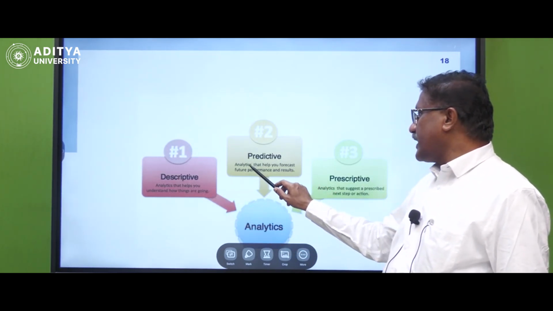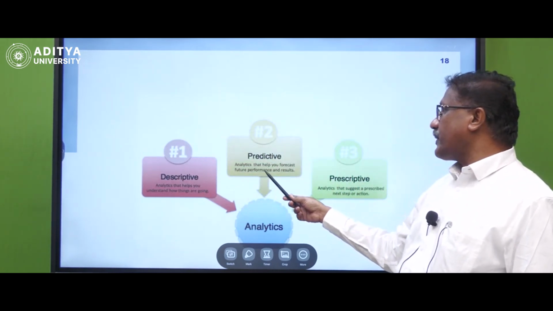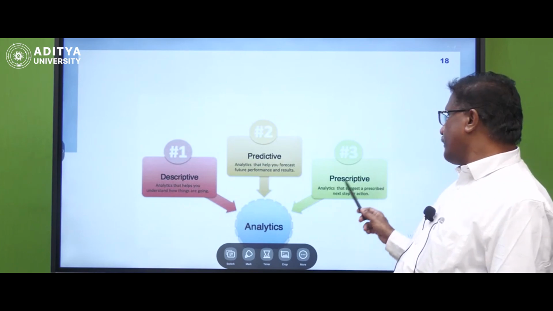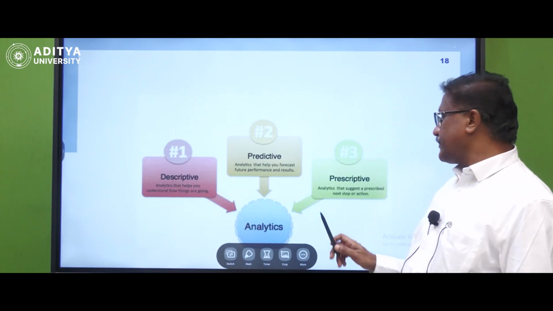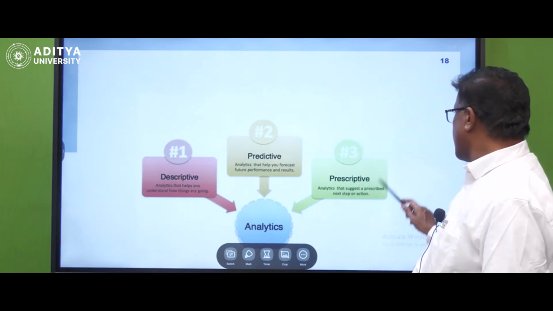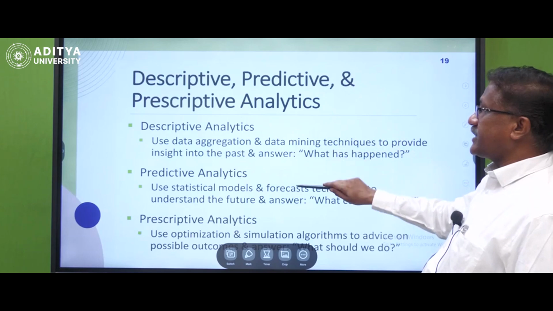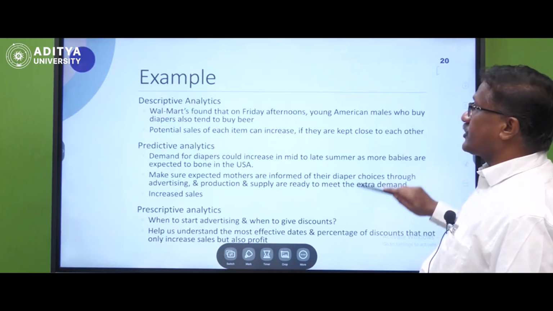Predictive is analytics that helps you forecast the future, including performance and results. Prescriptive is nothing but suggesting the prescribed next step for suitable action. We have already discussed these.